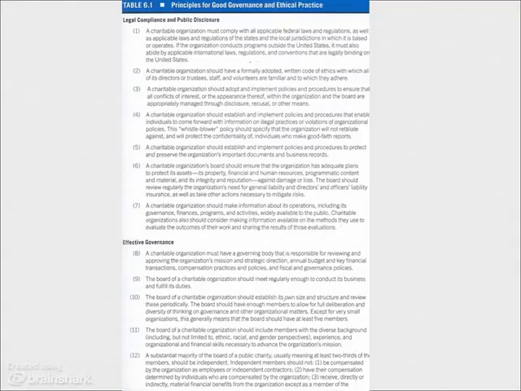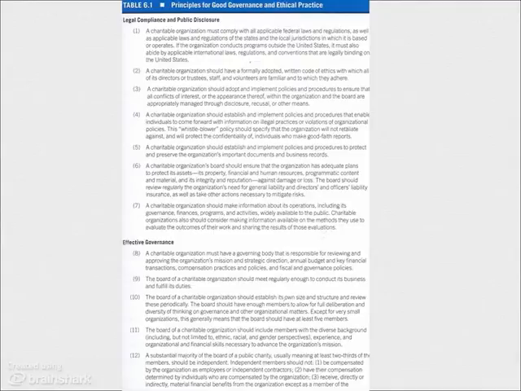Now this slide and the next several include the principles for good governance and ethical practices. I am not going to read through all of this for you on the PowerPoint presentation, but I must stress how important these slides are. So be sure to read through the legal compliance and public disclosure.